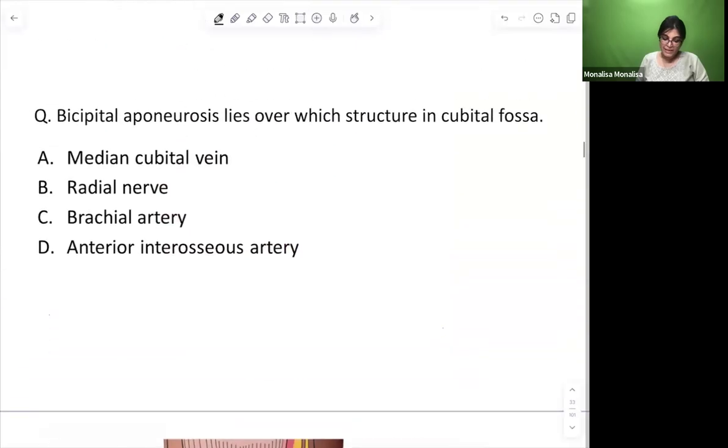So what will be the right answer here? Brachial artery.